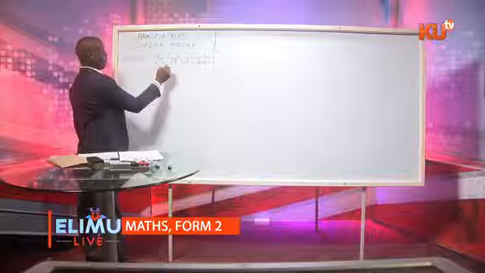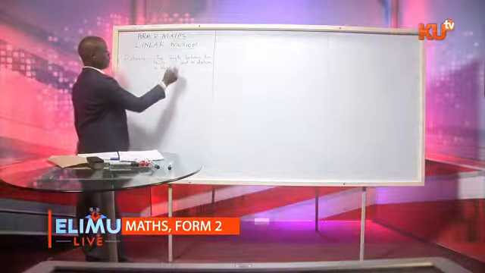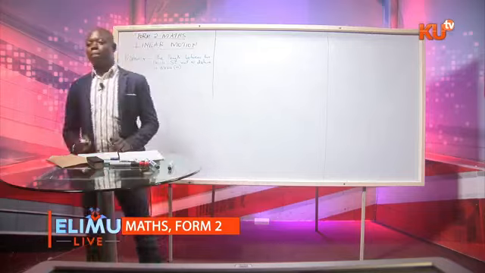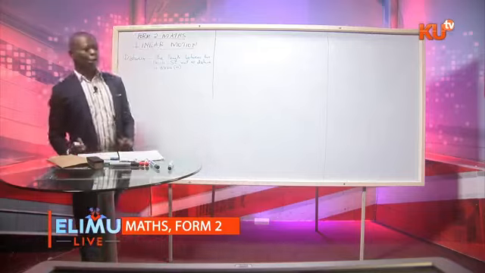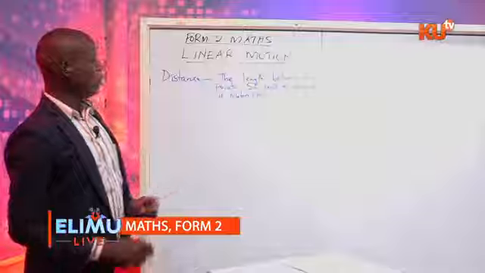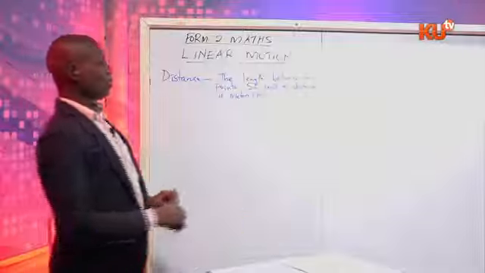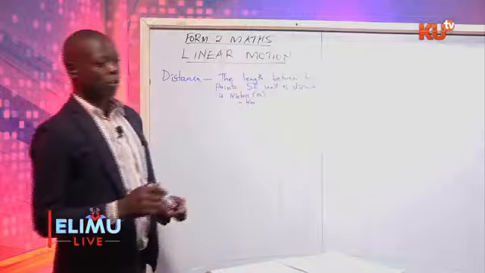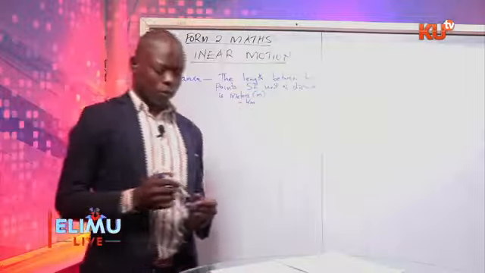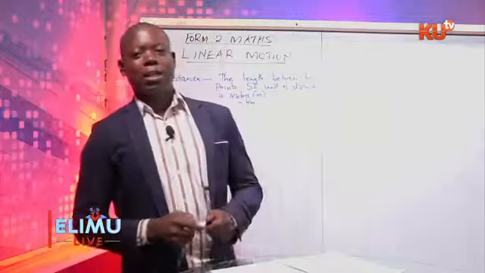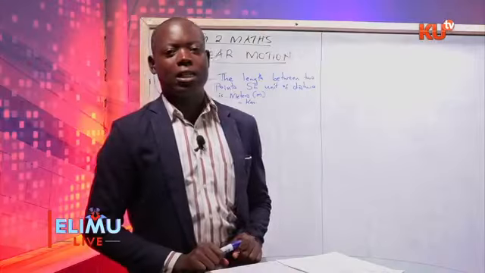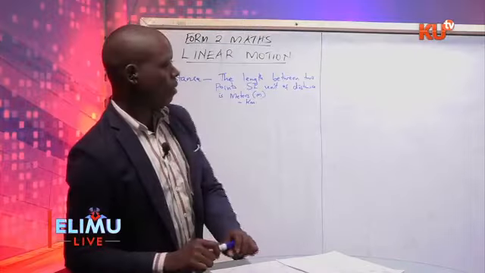Meaning, in most of the calculations, we'll find the use of meters to be more applicable. However, we'll realize that we not only use meters, but we also go to the extent of using kilometers. So in most of the calculations under linear motion, we might use kilometers, yes, but the SI unit for distance is meters.